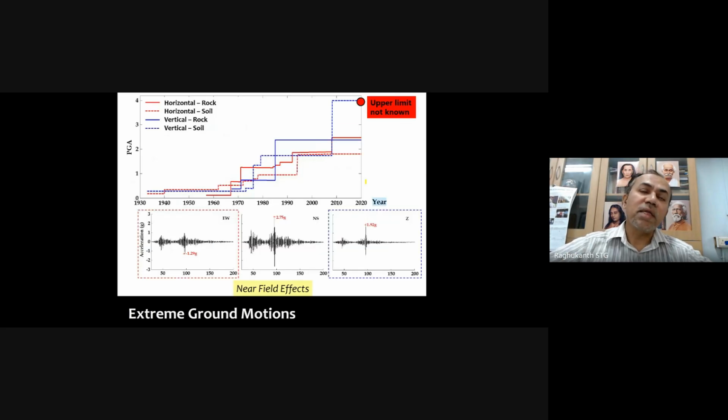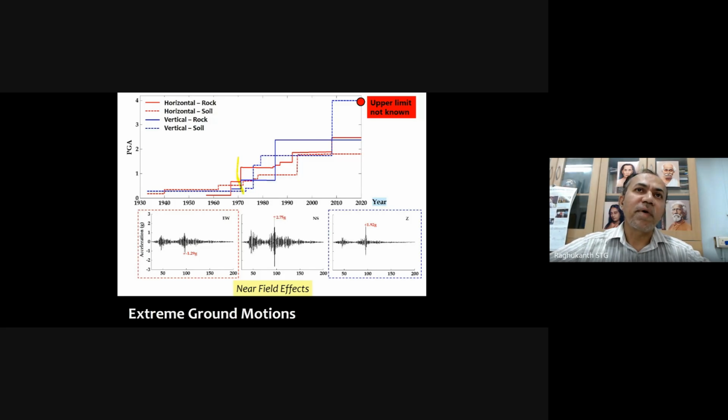Another thing which scares everybody is if I plot this data, the maximum PGA observed cumulatively over the years. In the olden days, around 1930, 1940, around 0.3g was observed, I think in the US. So people thought that earthquakes cannot generate ground motion of more than 0.3g.